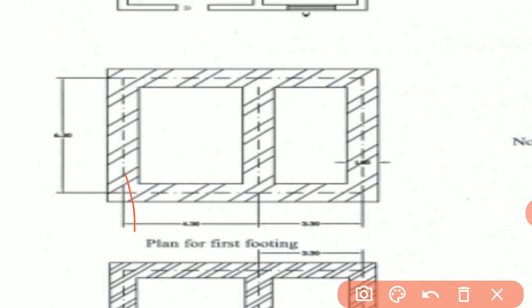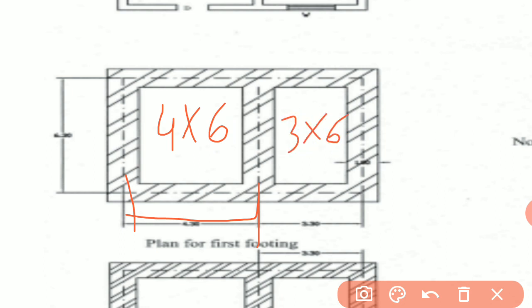See here what we are supposed to do. We are going to calculate the center to center distance. So this room has 4 by 6 dimensions and this room has 3 by 6 dimensions. Whatever the first dimension is mentioned here is the horizontal dimension. So this width is 4 meter and this height or length is 6 meter.